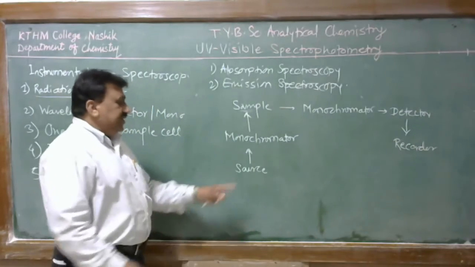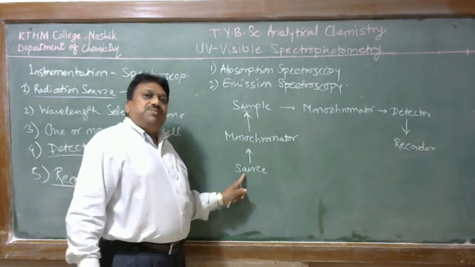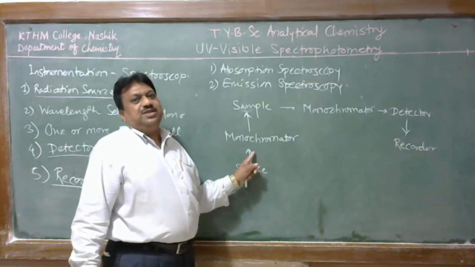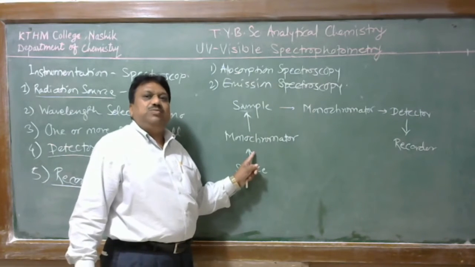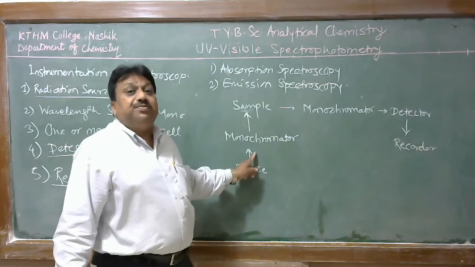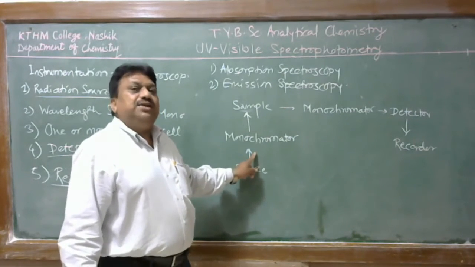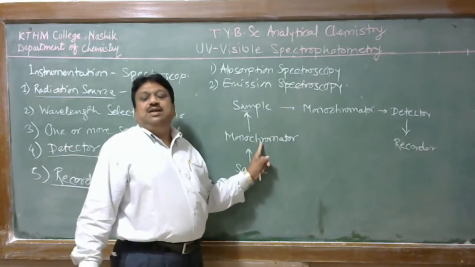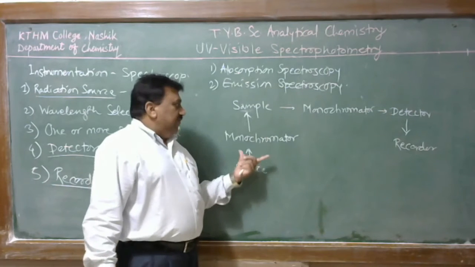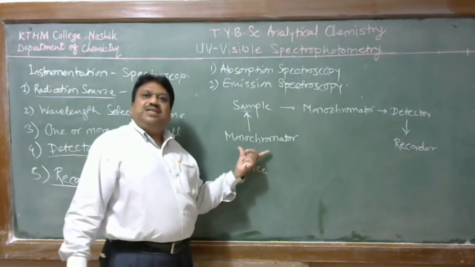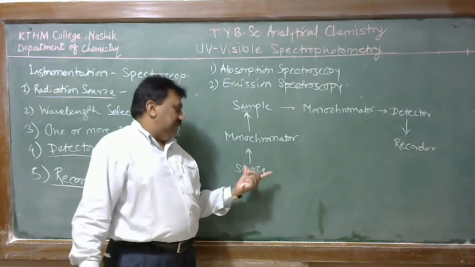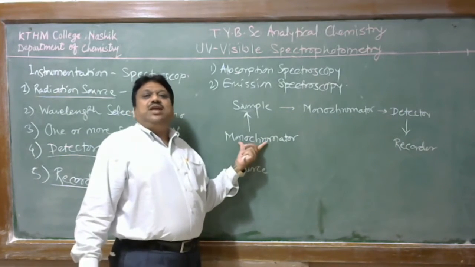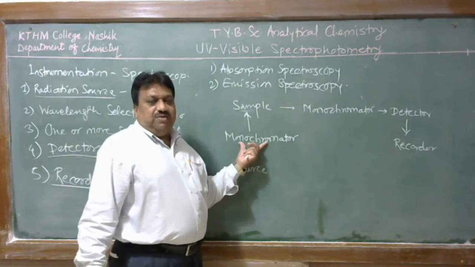This excitation energy is provided by the source. Excitation of atomic or molecular species takes place at a specific wavelength, and that particular wavelength we can obtain from the source by using a monochromator. Therefore, in emission spectroscopy there are two types of monochromator. One is a monochromator that isolates the excitation wavelength.